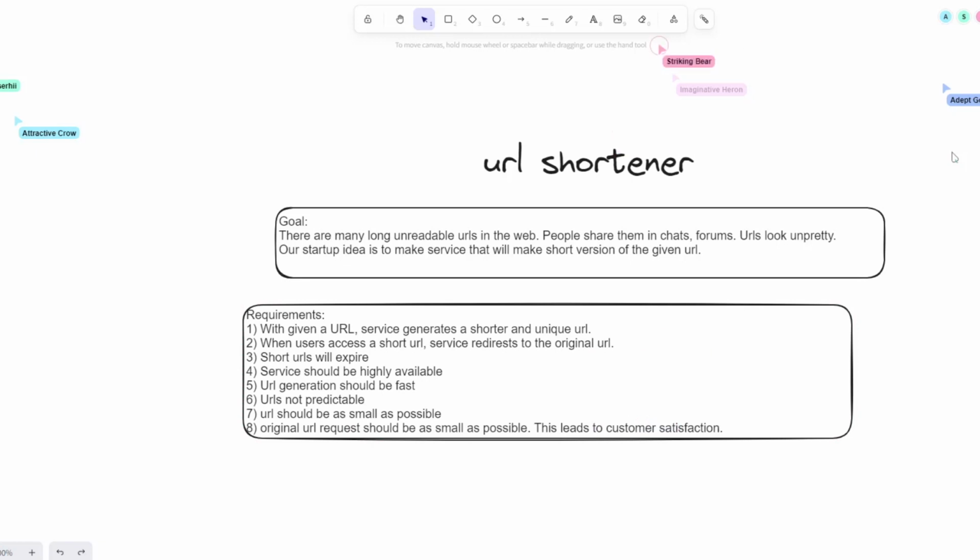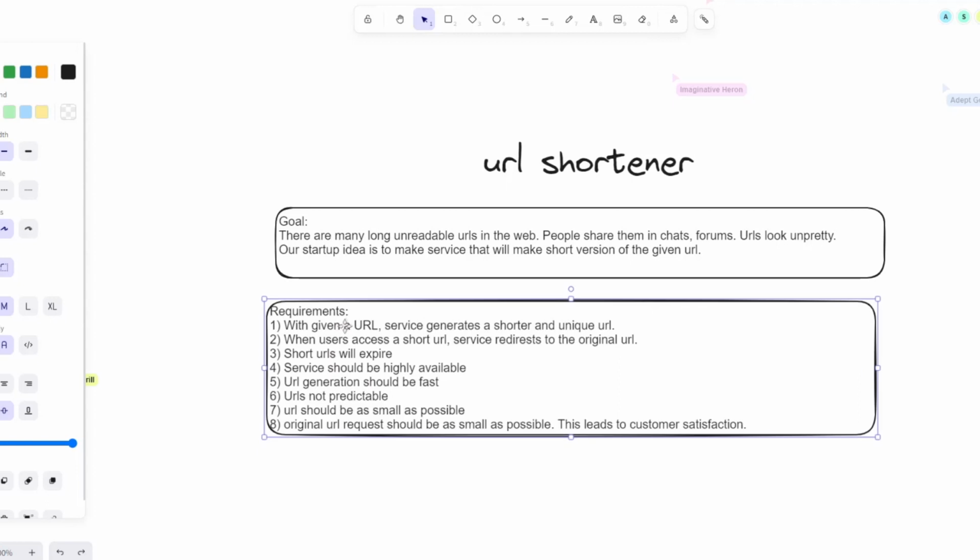So let's imagine that we are making a startup about 15 years ago. It was the time of the web growing fast, and there were many links that were pretty long and unreadable, and we think that we can make a URL shortener, or tiny URL, that will be used heavily by customers.